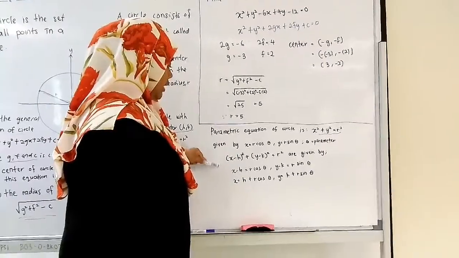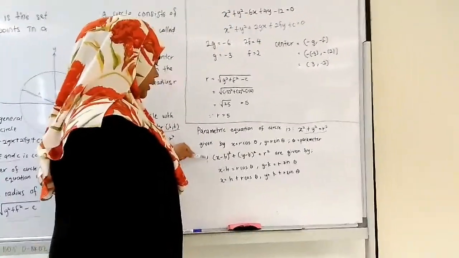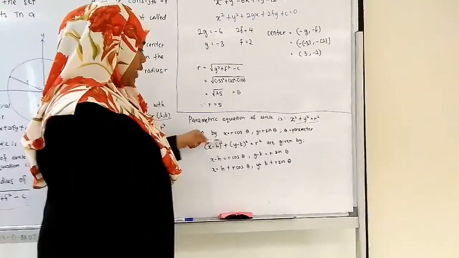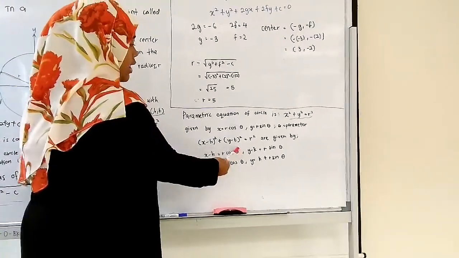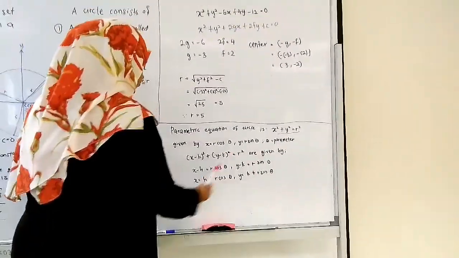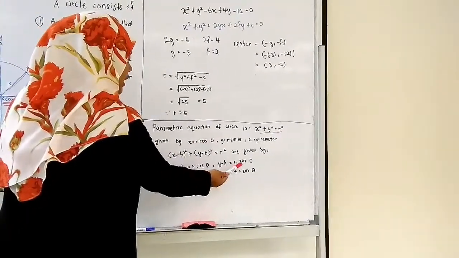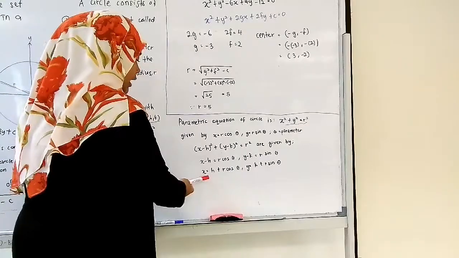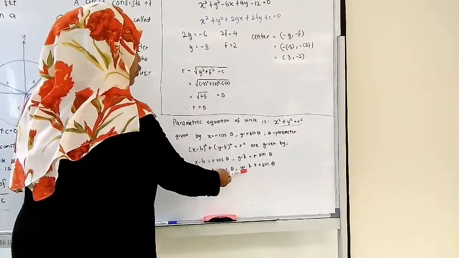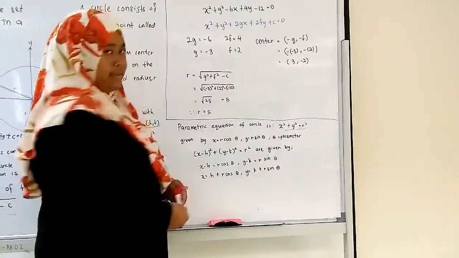This is how we get the formula. So x minus h squared plus y minus k squared equals r squared is given by x minus h equals r cos theta and y minus k equals r sin theta, and then x equals h plus r cos theta and y equals k plus r sin theta.